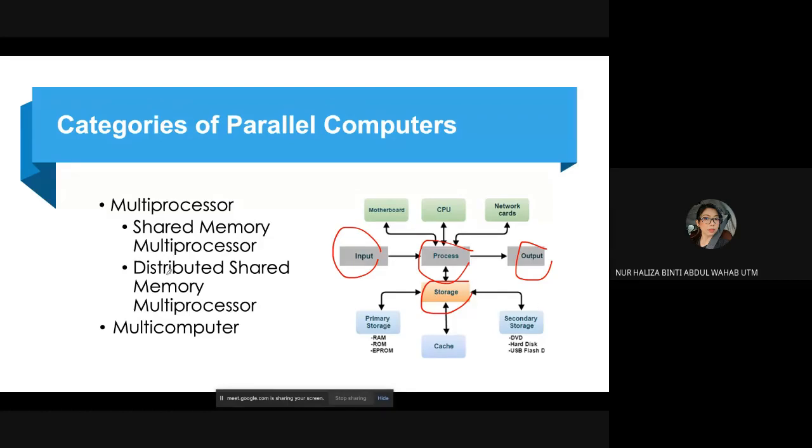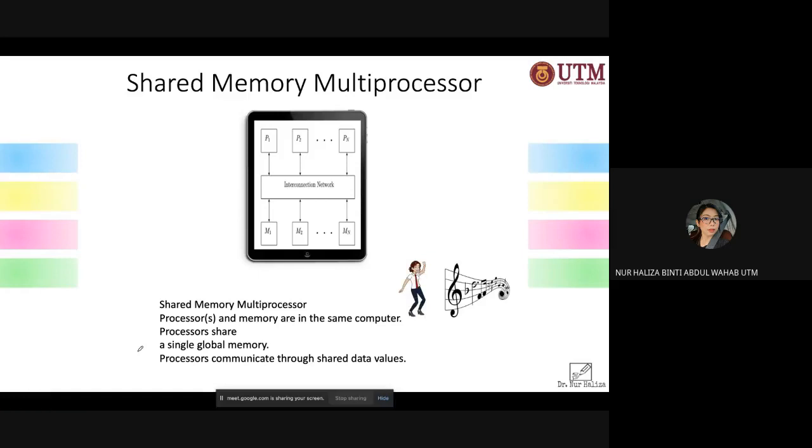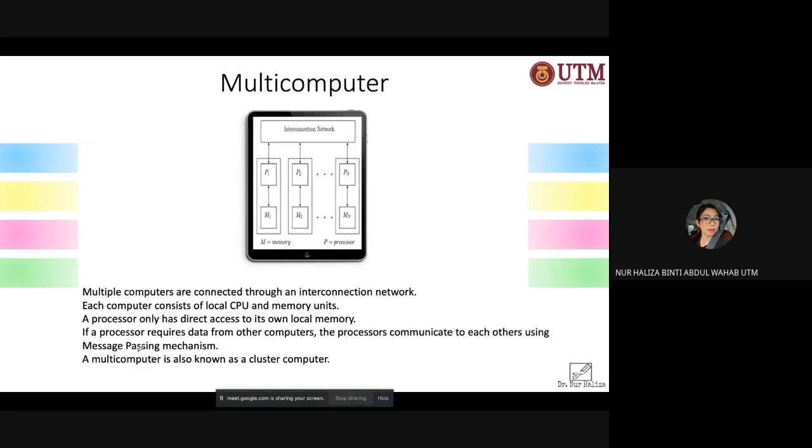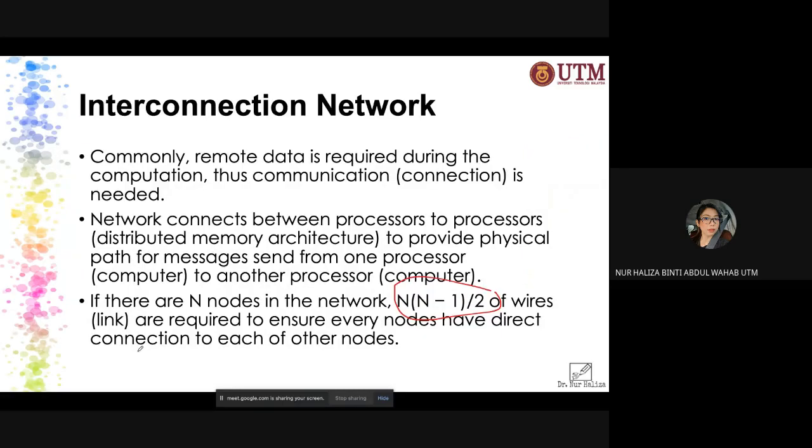And all of that you already know, including shared memory processor, distributed shared memory processor, and also multicomputer. We looked at the shared memory multiprocessor and distributed shared memory processor in our previous class. In the video, I also shared it again. So already 2 times. I hope that you remember and already fully understand that.